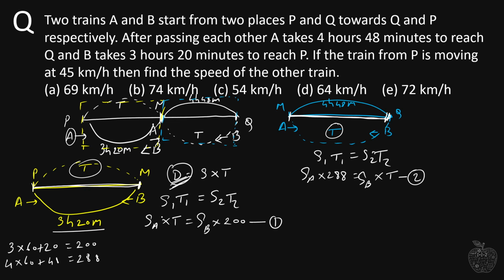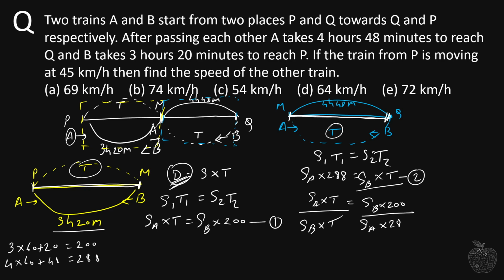Now what we will do here is divide equation 1 by equation 2, or we can divide equation 2 by equation 1. Either way works. We have SA into t is equal to SB into 200. This is equation 1. Let's divide it by SB into t, divided by SA into 288.